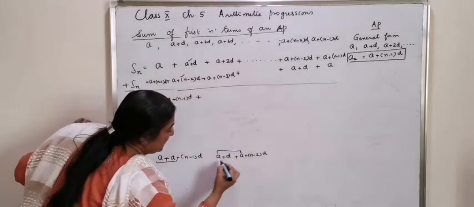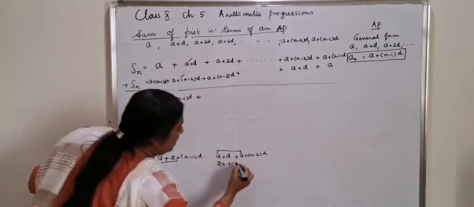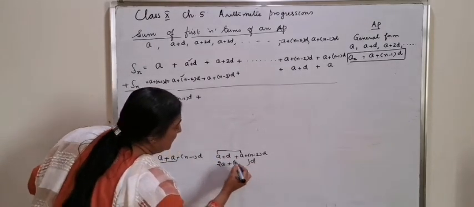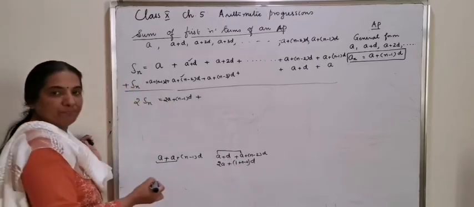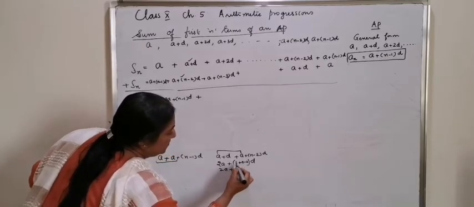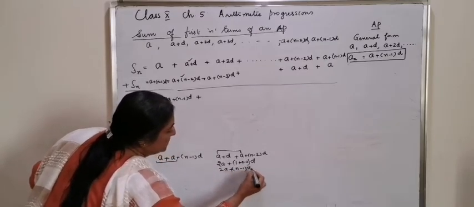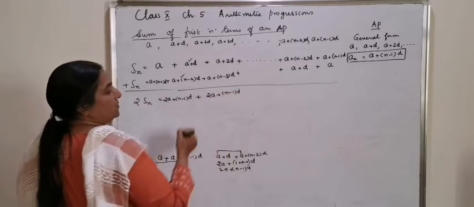What is a plus a? It is 2a plus d. d is common, d is common. Here 1 plus n minus 2, which is the same as 2a plus, what is n minus 2 plus 1? n minus 1 into d. That is 2a plus n minus 1 into d.